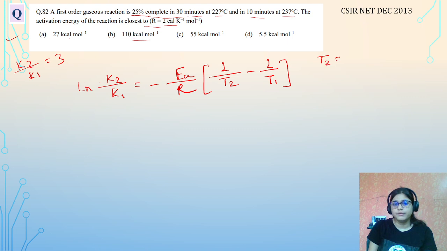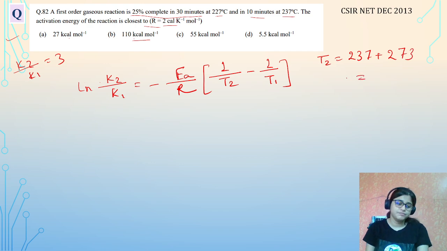And here T2 will be 237 plus 273, equal to 510 Kelvin.